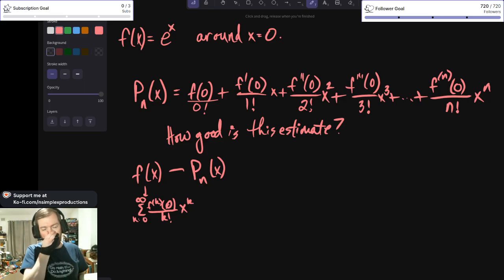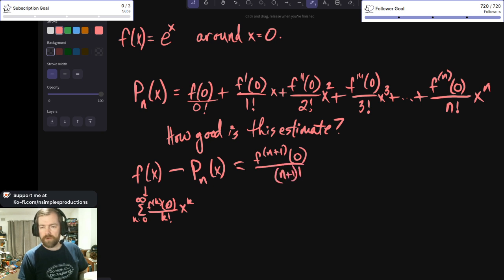And then we subtract off the p sub n, nth degree Taylor polynomial that we found here. Then technically what we get, right, is that we have the n plus 1th derivative at 0 over n plus 1 factorial times x to the n plus 1, plus the n plus 2th derivative evaluated at 0 over n plus 2 factorial.